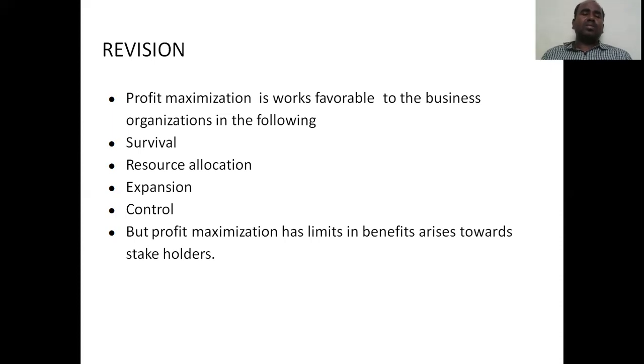But at the same time, we also come to know that there are limits, and the benefits arise towards the stakeholders. It has to deal with the stakeholders in different ways.